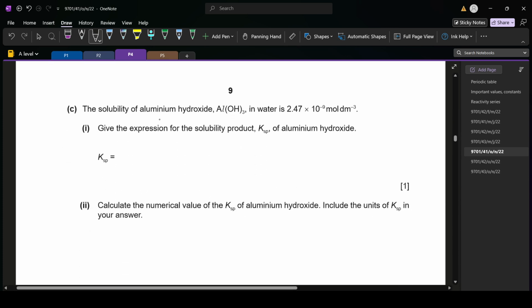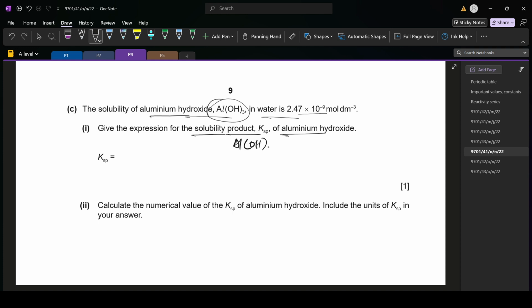Part C. The solubility of aluminum hydroxide in water is 2.47 times 10 to the power minus 9. Give the expression for the Ksp of aluminum hydroxide. When aluminum hydroxide dissolves in water, it forms aluminum ions plus hydroxide ions.